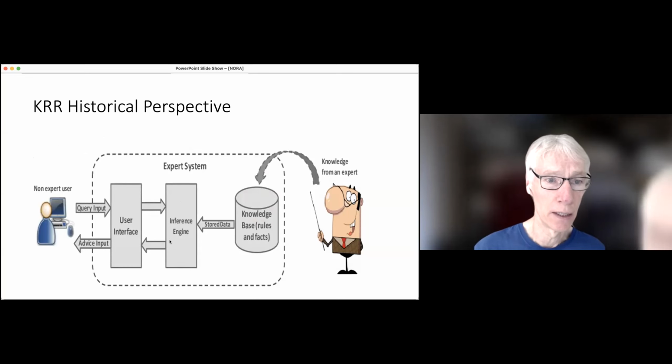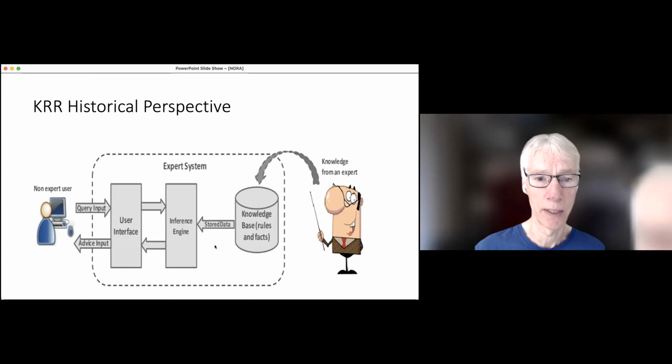We have an inference engine, and we have a user who can ask queries and gets answers back from the system, where the answers depend on the stored data, the knowledge, the rules and the facts, and the questions are answered over those rules and facts by an inference engine. So here we have knowledge representation and reasoning already at this early stage of AI.